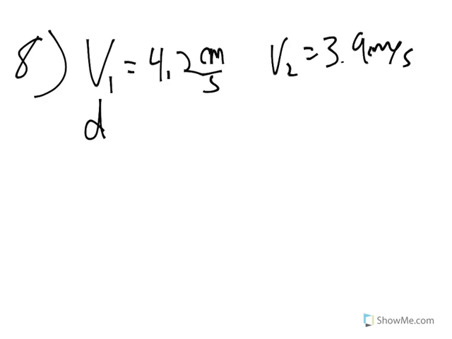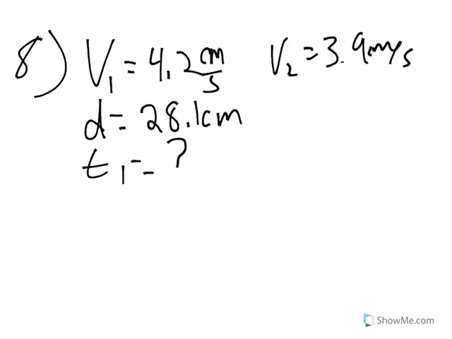So we know that the distance this guy is going to travel is 28.1 centimeters. We know that the time it's going to take this guy is the same as the time it's going to take guy 2, because we're really concerned about where they are when 1 crosses the finish line. When 1 crosses the finish line, he's at time t, and that's when 2 is at a certain point behind him.